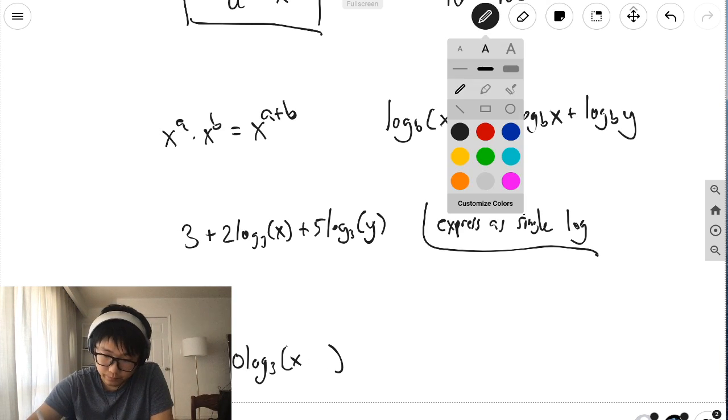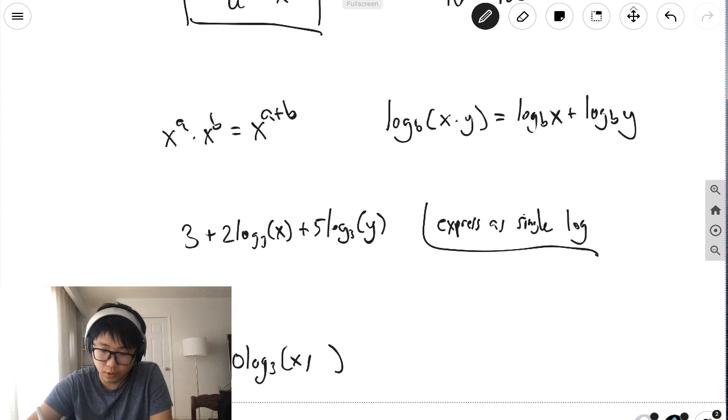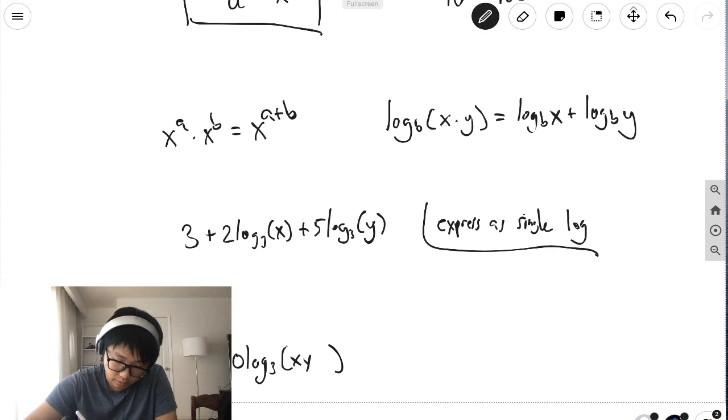Xy, right? Okay. So the problem with what you did is you tried to multiply the 2 and the 5, and I'm not sure why you multiplied that. There's no rule that says you multiply.